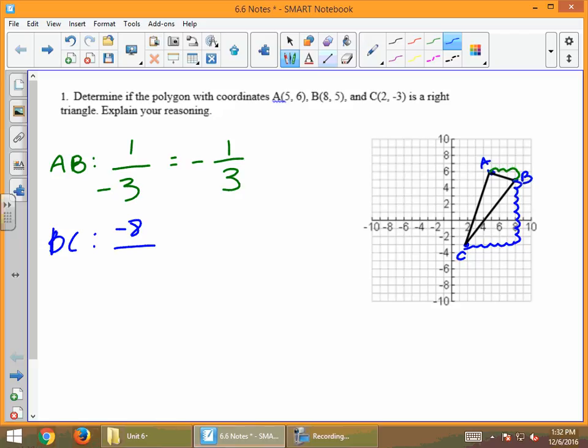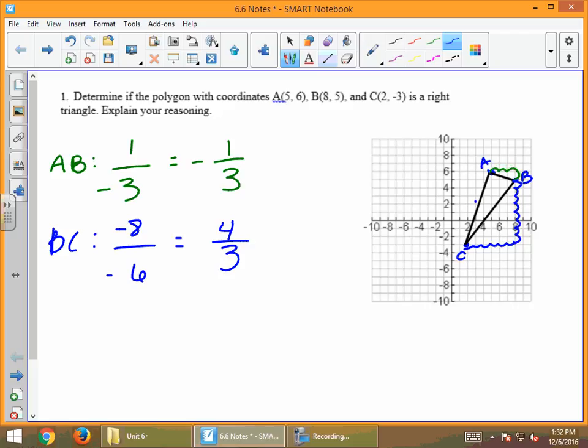We went to the left 6, so it's going to be negative. Negative 8 over negative 6 simplifies down to 4/3. Are these slopes perpendicular? Nope. Should we stop and say your answer is no? No. Those two sides aren't perpendicular, but these two sides might be.